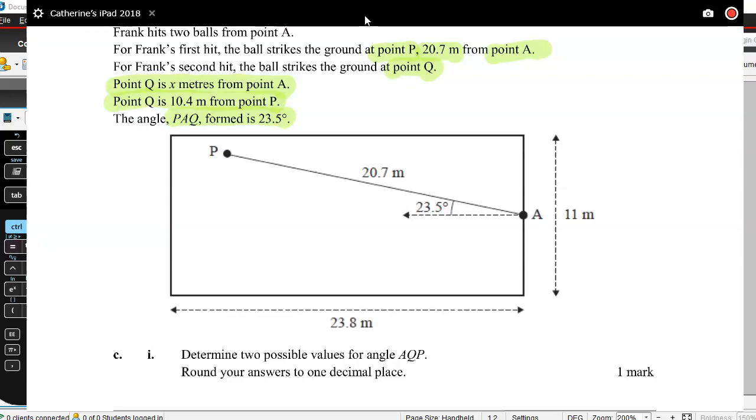Now, there are 2 possible values for angle AQP.